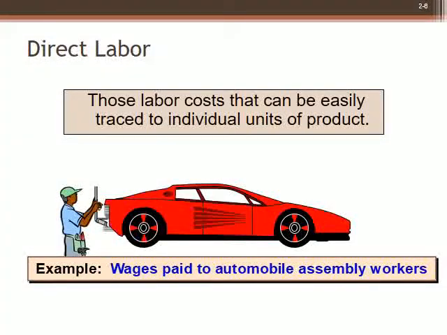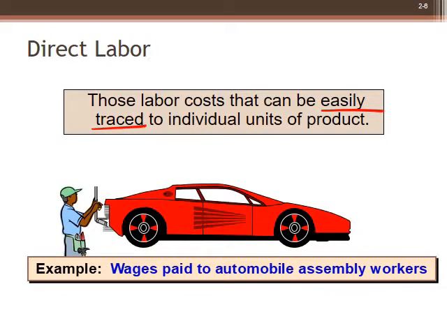What is direct labor? Direct labor consists of the portion of the labor cost that can be easily traced to individual units of the product. We also sometimes call direct labor touch labor, since it consists of the cost of workers who touch the product as it is being made.